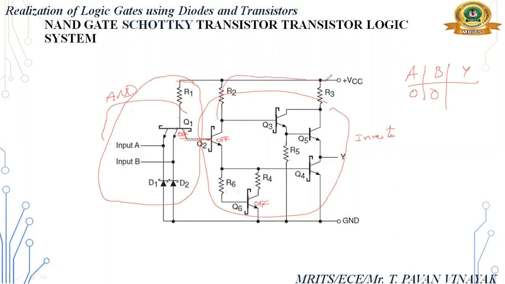VCC from here we get here, so it is on. It is on means it will directly go to ground. From Q4 we get supply from here, so it is off.